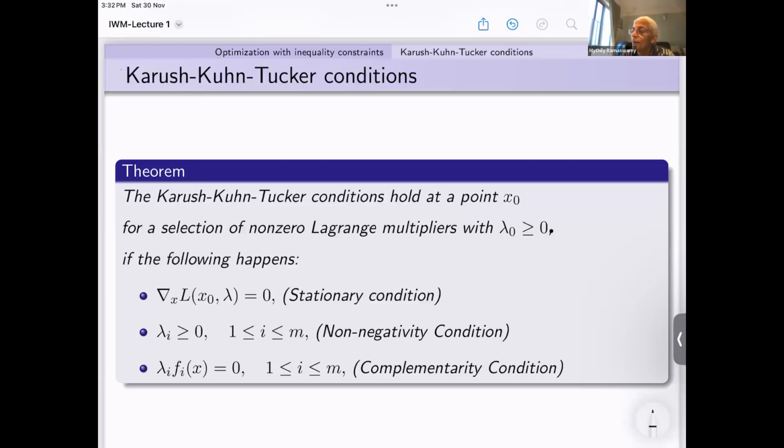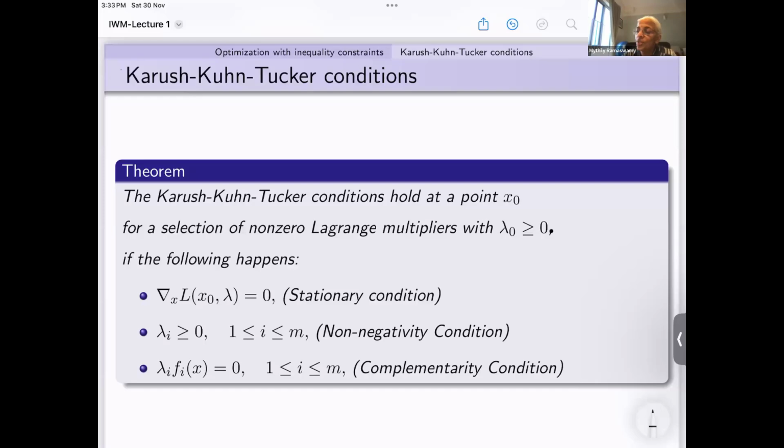I had already assumed lambda naught was non-negative, so now the others are also non-negative; they can be 0. In fact, the third condition, the complementarity condition, says either lambda i is 0 or fi is 0. So I have m of these conditions.